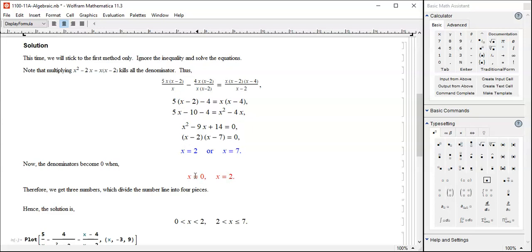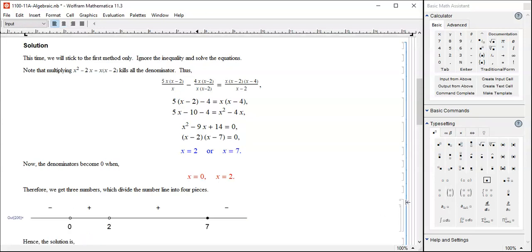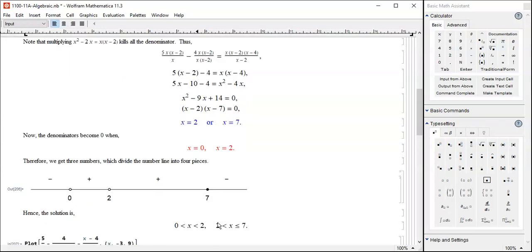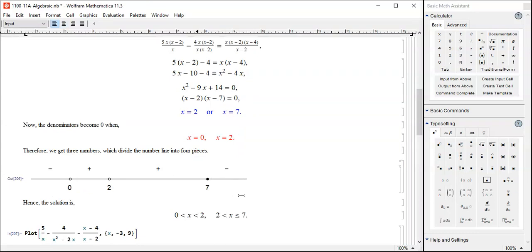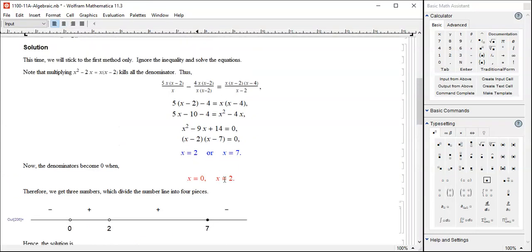So we have only 0 to 7 to work with. And then we have to do appropriate sign analysis. Because they're common there, the multiplicity is 0, so we don't have a sign change, but that's a little bit difficult to understand. So for this kind of method, we simply select a number and then plug it in.